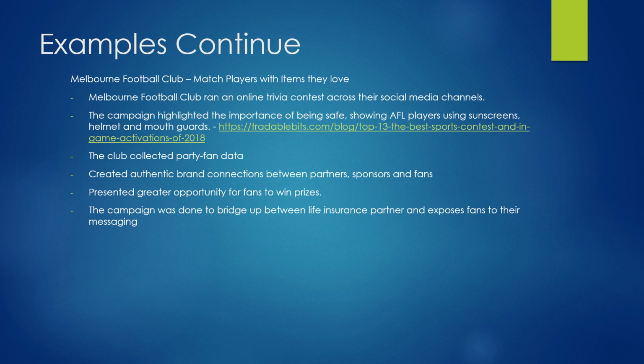Another example was Melbourne Football Club, and their motto was to match players with items they love. Melbourne Football Club ran an online trivia contest across social media channels like Instagram and Facebook, and they highlighted the importance of being safe, showing AFL players using sunscreen, helmets, and other products.